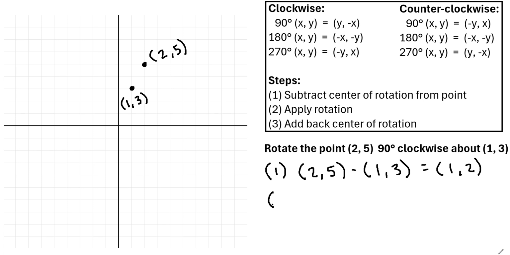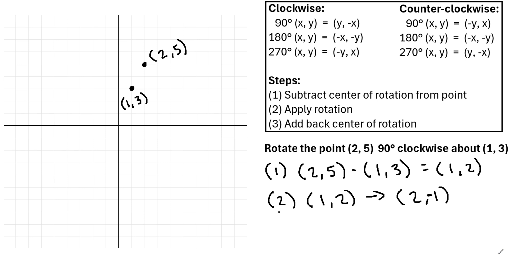So step 2: this point (1, 2) is going to become, we flip the x and the y, so (2, 1), and the second value needs to have the opposite sign that it originally had. So instead of a 1, we write -1.